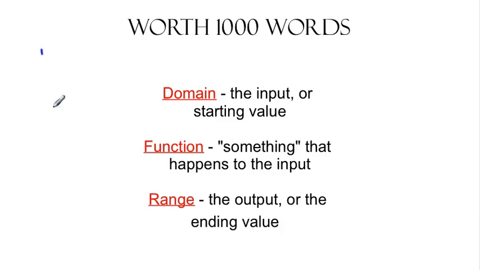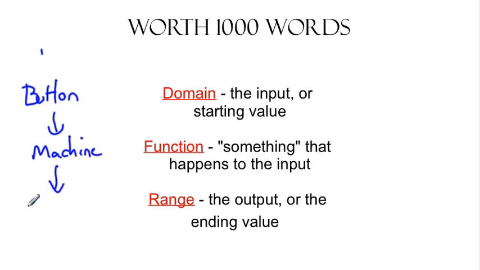Now I'm going to rewrite this over here, and then we're going to look at a specialized way of writing this. So we've got the button, which leads to the machine, which leads to our output, our food or drink.